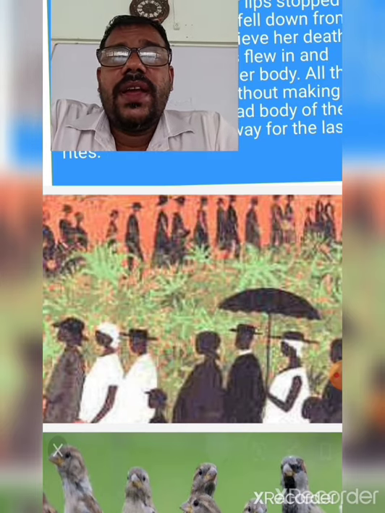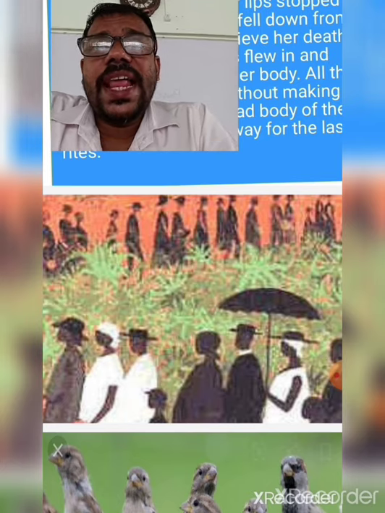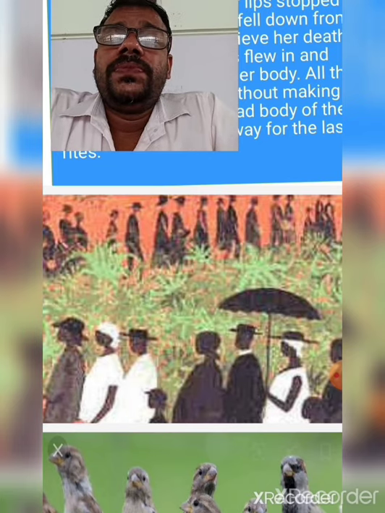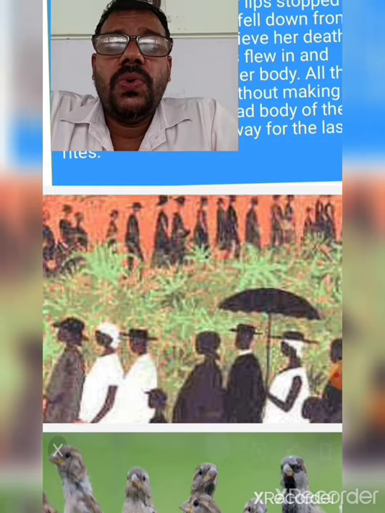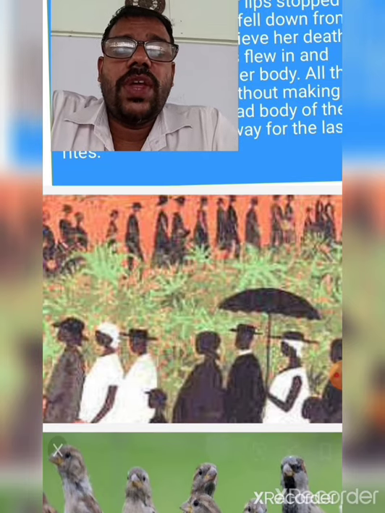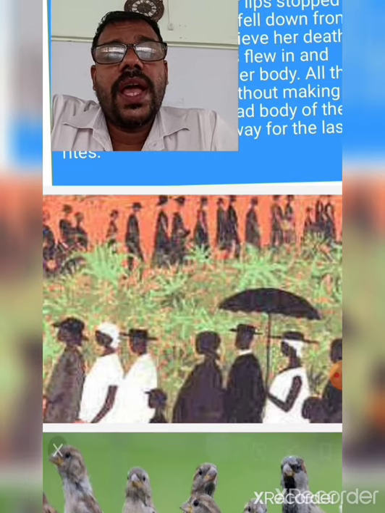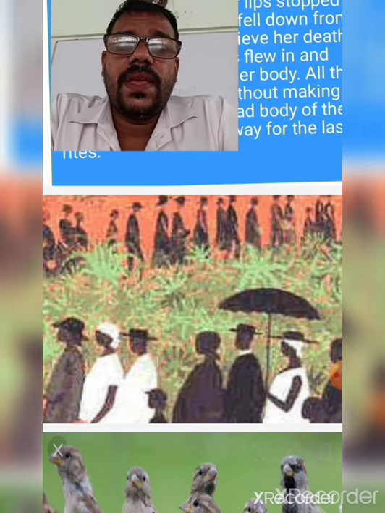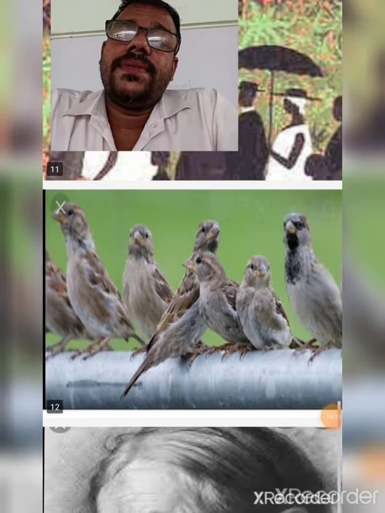Everyone gets together to give last respect to the person who dies and is taken to the cemetery or the burial ground, and the procession is being done for that. You see the situation of the birds, they are so sad. When they left in procession, they too went away very sad.